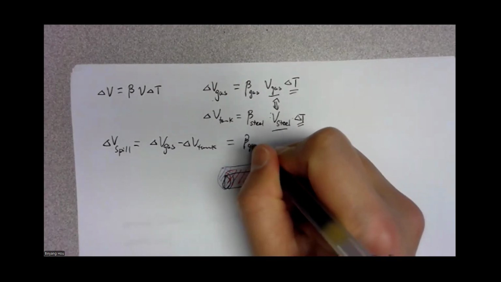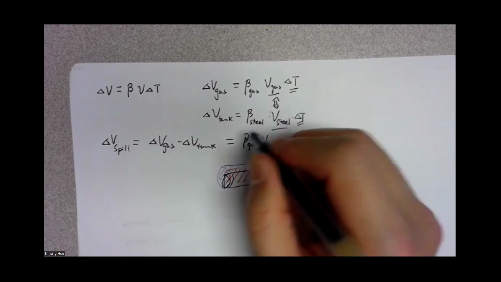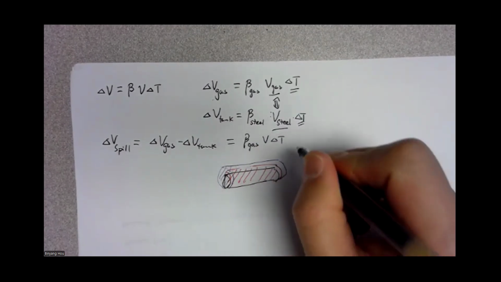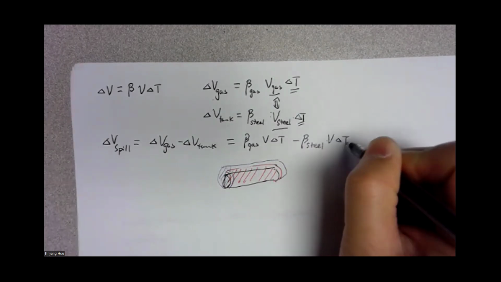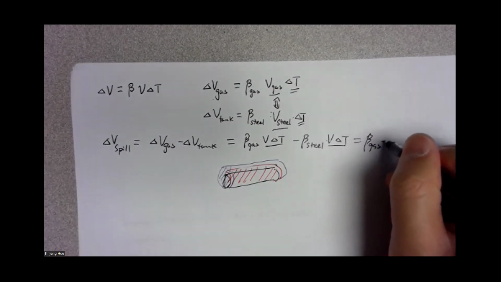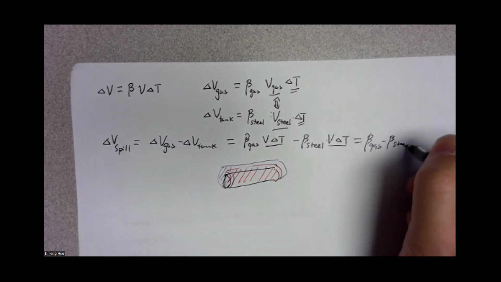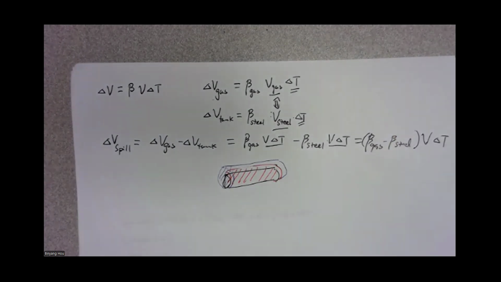So this would be beta of gas times V, because these two are the same, I'm going to just use V, and delta T, okay? Minus beta of steel times V times delta T. So these two are the same. So it's basically beta of gas minus beta of steel, and then times volume times delta T. This is the original volume, okay?